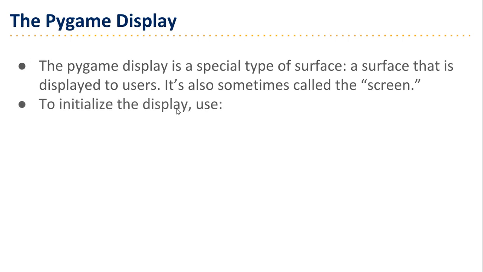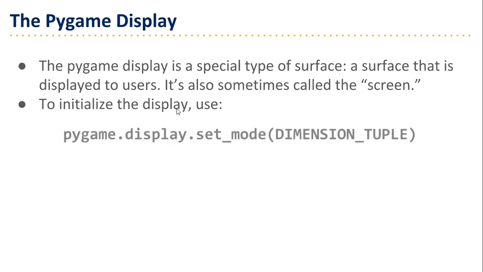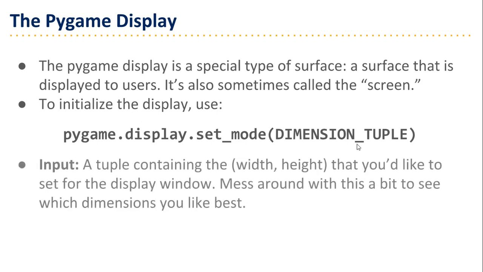So to initialize a display, to tell Pygame, hey, I want this surface to be the one that users see, you call pygame.display.set_mode, and the argument is a dimension tuple. Okay, well, what's a dimension tuple? That's a tuple containing the width and height that you'd like to set for the display window. So Pygame does not just automatically set the display window to be your full screen.